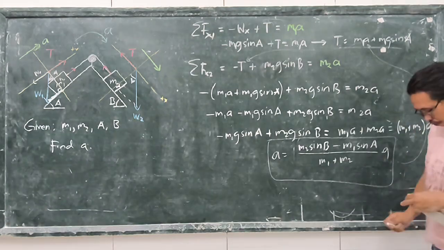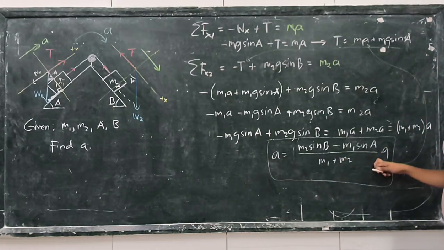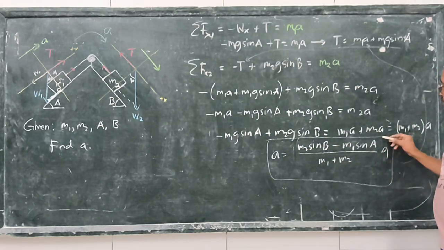Now, in this case, our acceleration, we don't have numbers. But we know that these are all positive, and the only thing that can make this negative is this term.